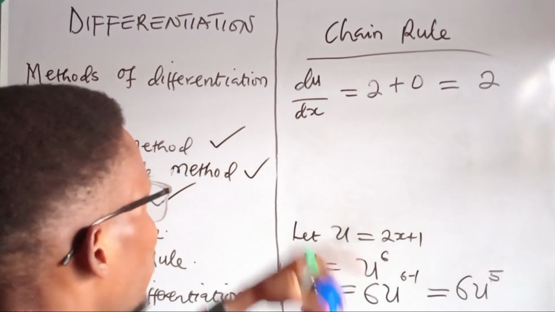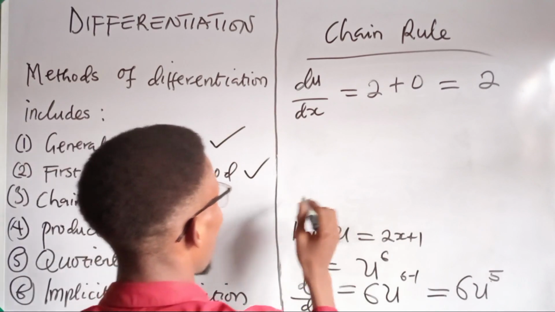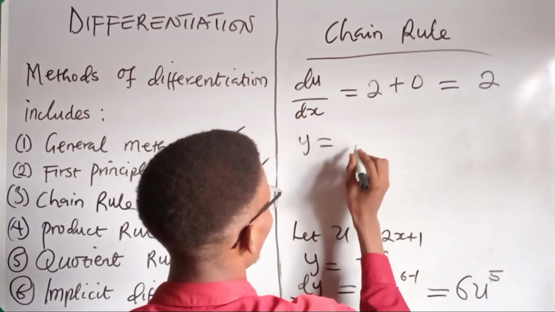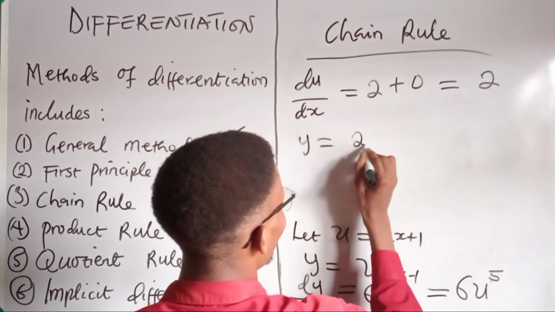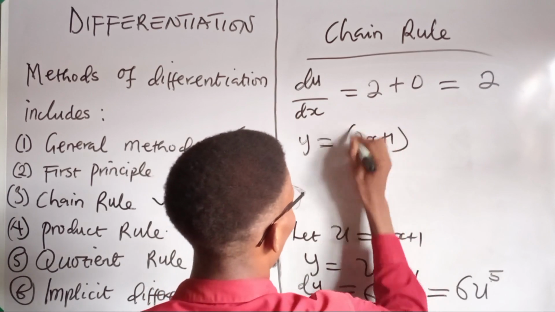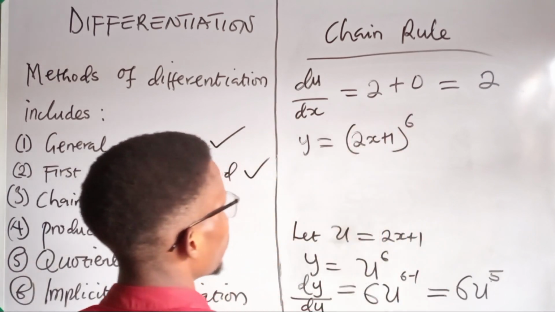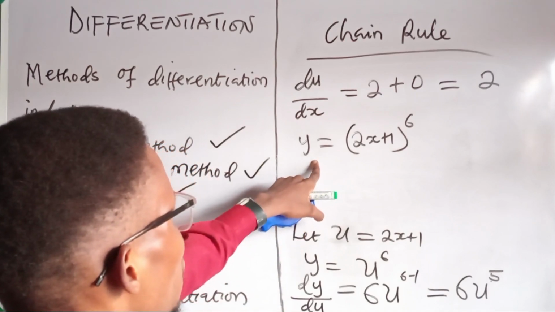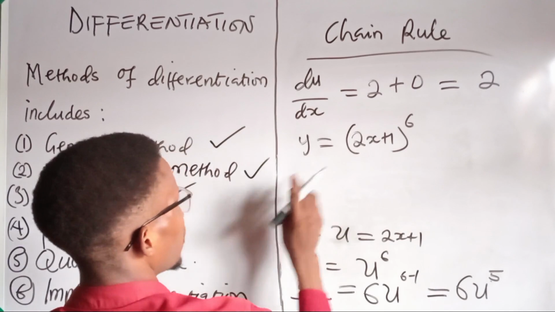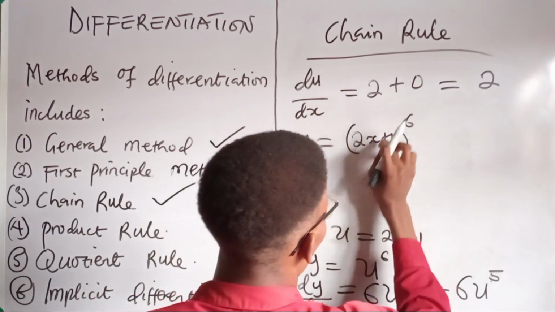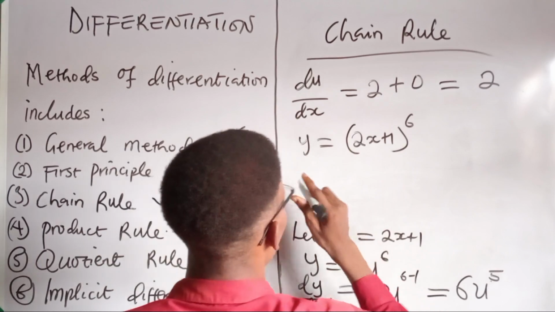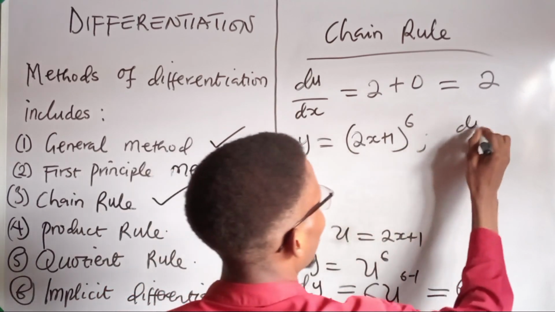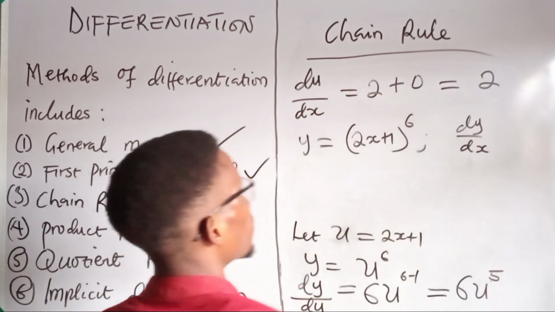Now, having done that, we can say, initially we're given that y is equal to 2x plus 1 all raised to power 6. So we are expected to find dy over dx from this.